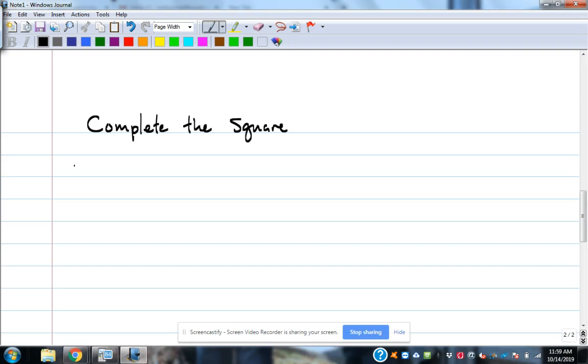All right. So the first thing that you want to do is rewrite. So if you've got a problem, ax squared plus bx plus c, maybe it's equal to 0, maybe it's equal to some other number. It really doesn't have to be equal to 0. It can be equal to anything. But this is a quadratic that's just normal, like we would use factoring or something to solve.